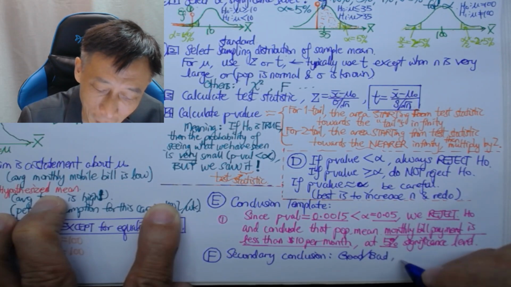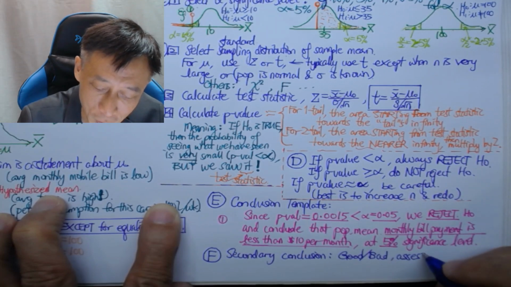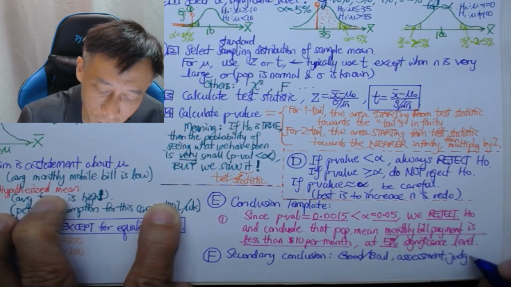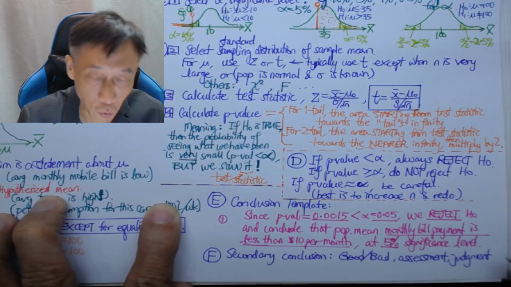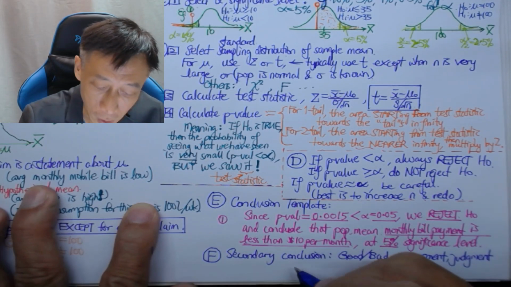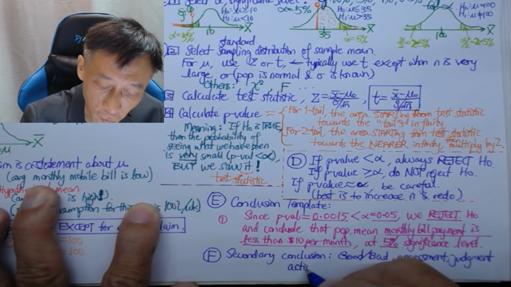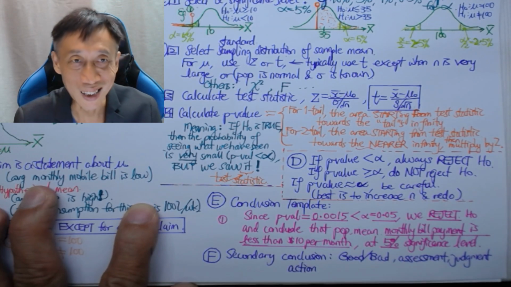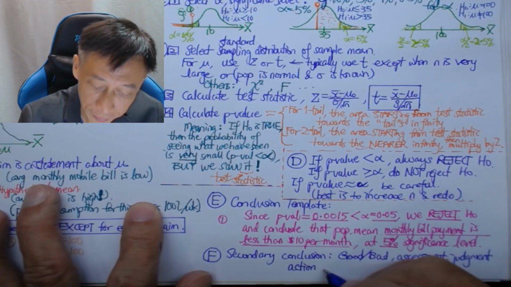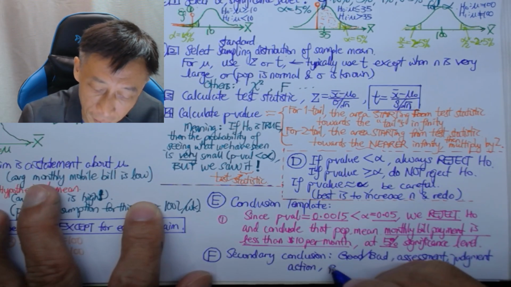More about assessment, judgment. You're judging: is this therefore a good thing for us? Good or bad for whom? Do we have any necessary action or not? Or further plans.